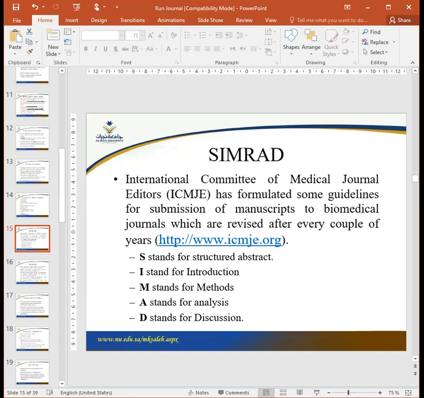An important component of the original, most published manuscript is covered in SIMRAD, where S stands for structured abstract, I stands for introduction, and M stands for method. I'm sorry that I forgot R here in this slide. R, of course, stands for result, A stands for analysis, and D stands for discussion.